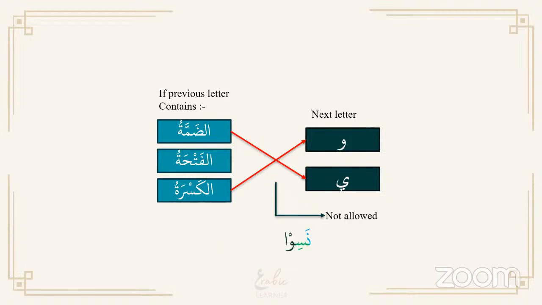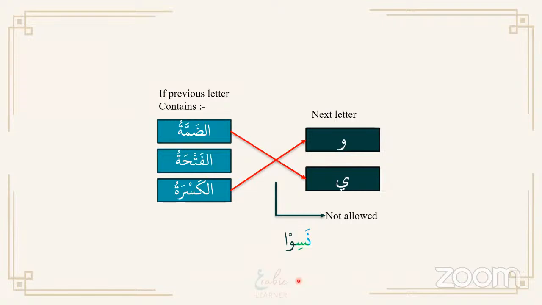So when such a situation comes, like this one, Nasiya Yansa, I don't know how you pronounce this. There is Kasra on Sin before, and there is Vav after that. So this is not allowed.